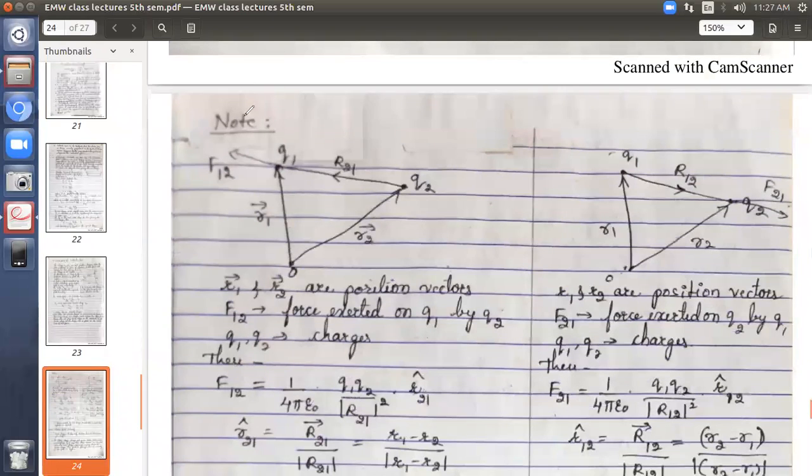As a note, I have shown you Coulomb's law, F12 and F21. F12 is the force exerted on the first charge due to the second charge. This is the reverse: the force exerted on the second charge due to the first charge.